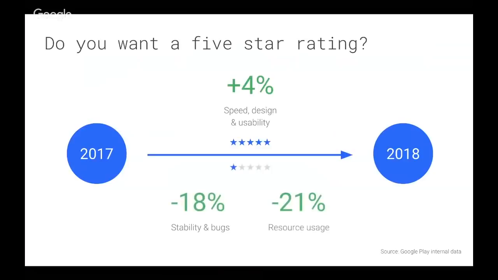And we saw a drastic decrease in users talking about stability and bugs and resource usage, being battery and other performance related to on-device usage like memory, etc. So we're going to jump in and look at what we think contributed to this drop in stability and bugs to start off with.